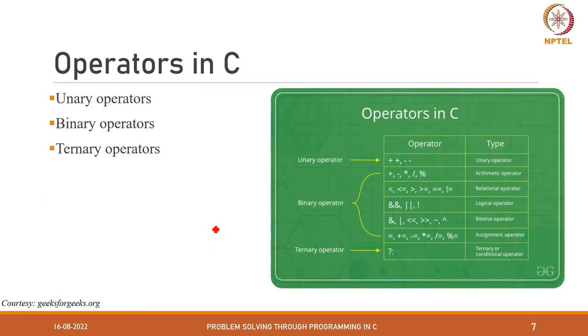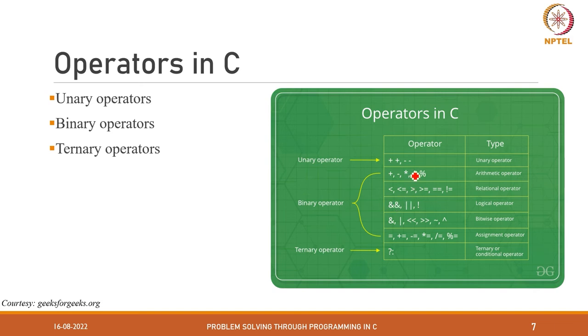Okay, a different kind of classification of the operators can also be unary operators, binary operators, and ternary operators. If you remember, I told you a bit earlier that the minus symbol could be a unary operator. This is not a complete list, but it is a sufficient list to explain the three different types of operators.